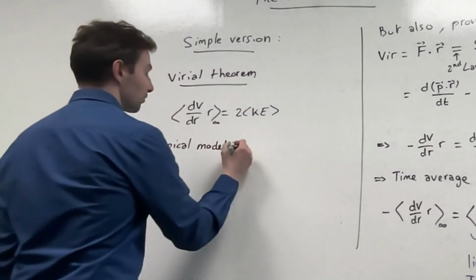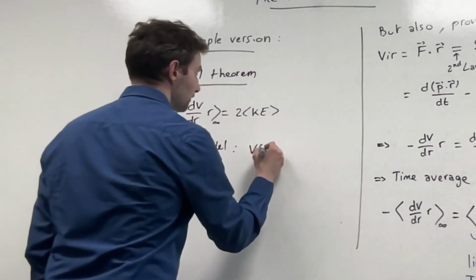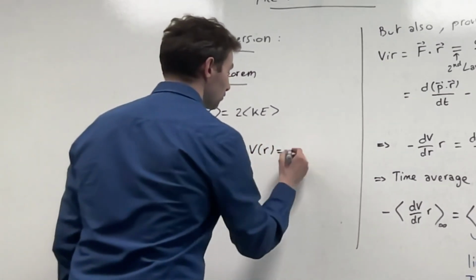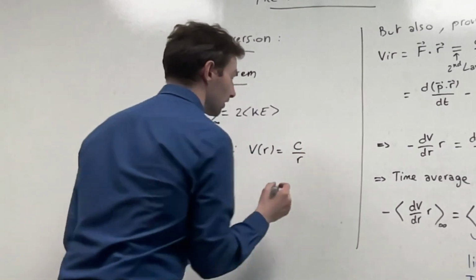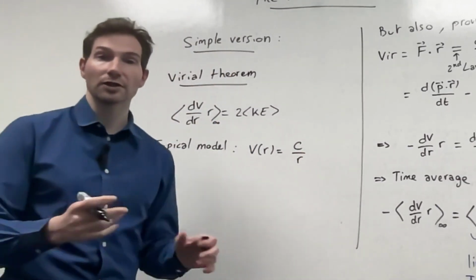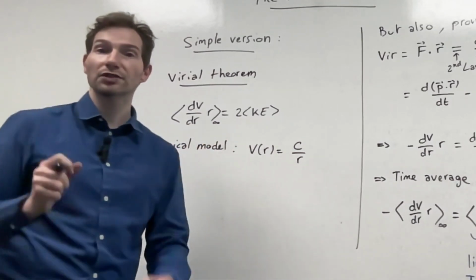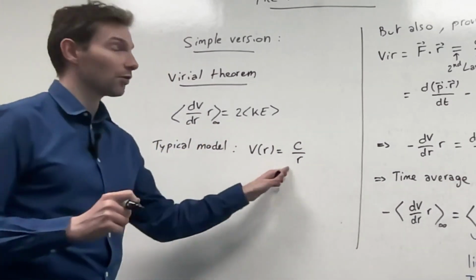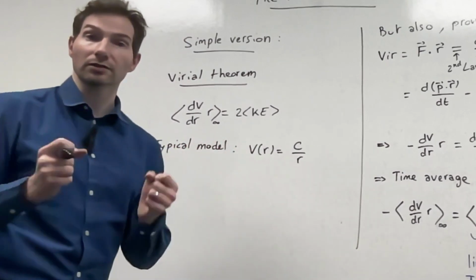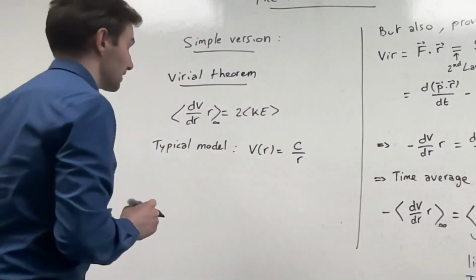The typical model in question is if you choose V of r to be equal to some constant C divided by r. That would be the case for the electrostatic interaction between two point charges, or the gravitational force between two masses as well.